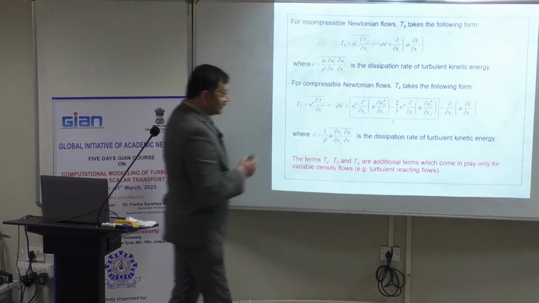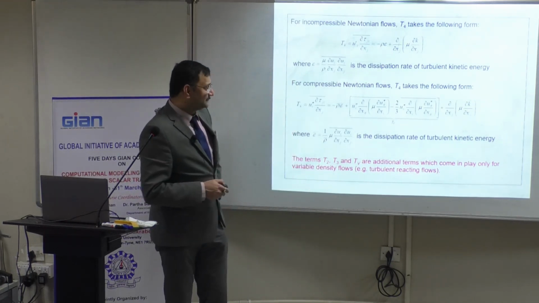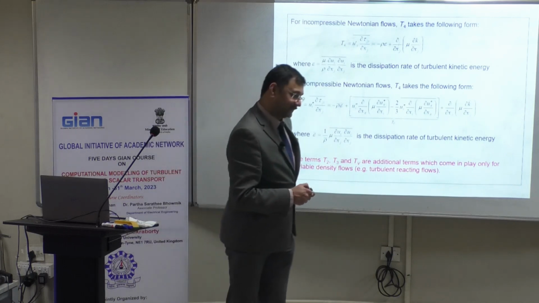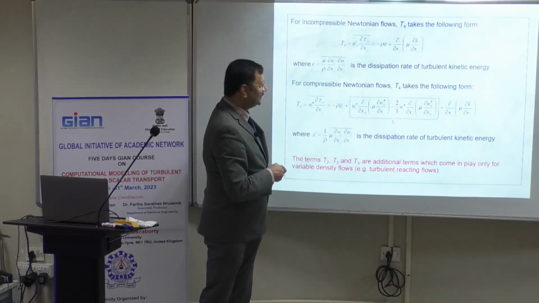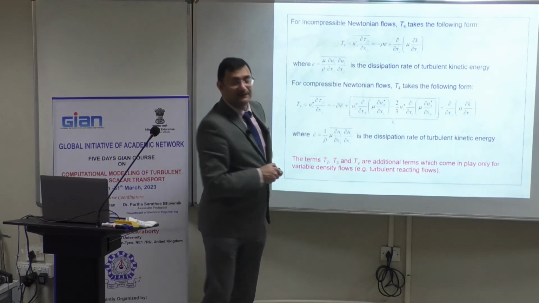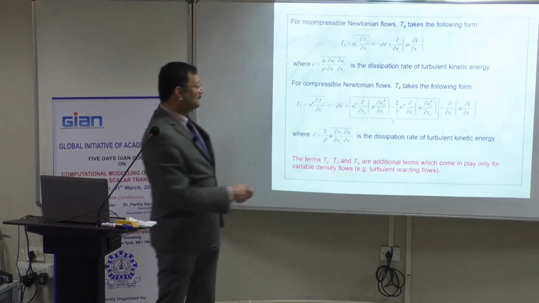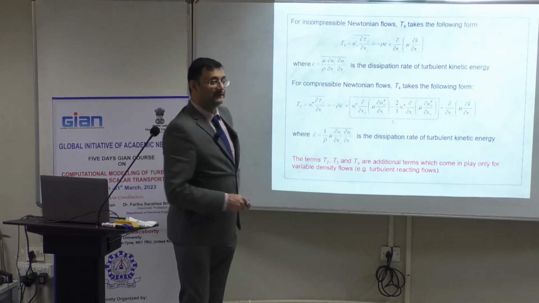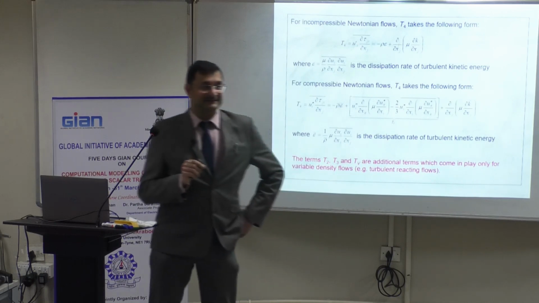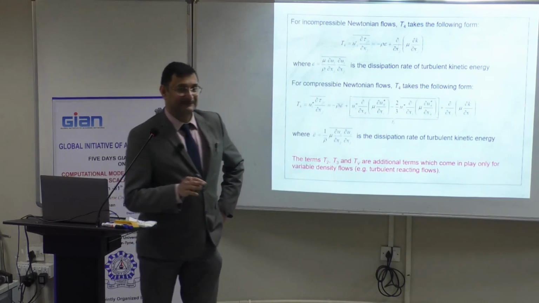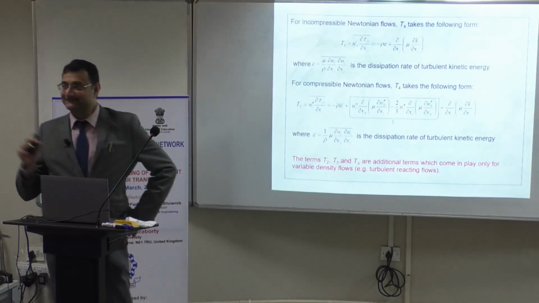So, fortunately, in all the flows that I have seen so far, this term is actually quite small in comparison to this. So, although a model is needed, modeling of this term does not play a major role. But that doesn't mean anything. Obviously, I'm telling you from my experience, and I have not seen every possible flow. Nobody can.